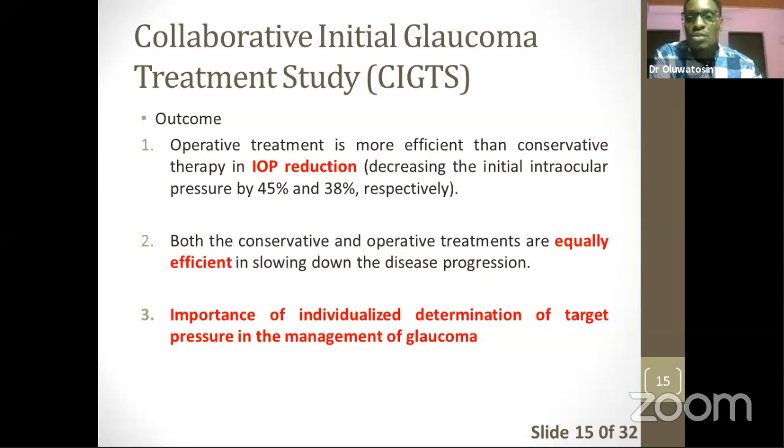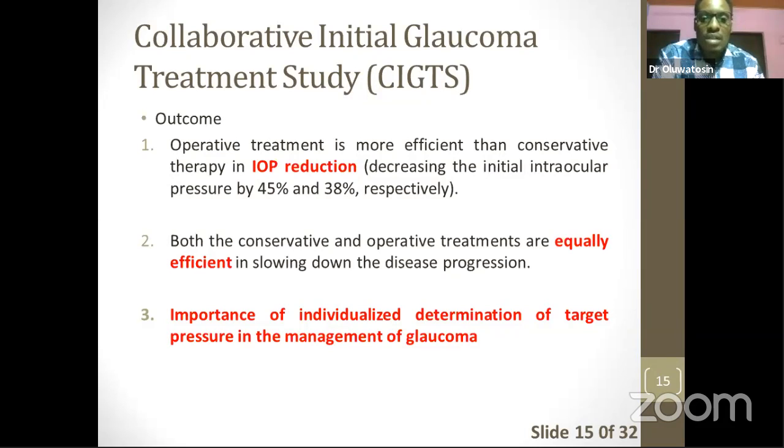The outcome of the study shows that the surgical intervention was more efficient in lowering the intraocular pressure compared to the use of eye drops, that is the conservative treatment, because they noticed a decrease in intraocular pressure by 45% in those that received surgical intervention.